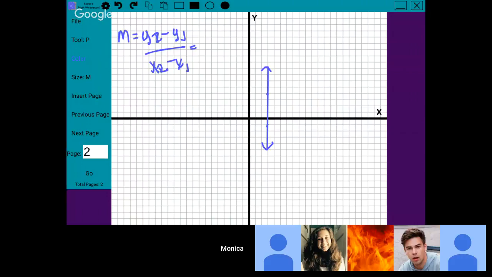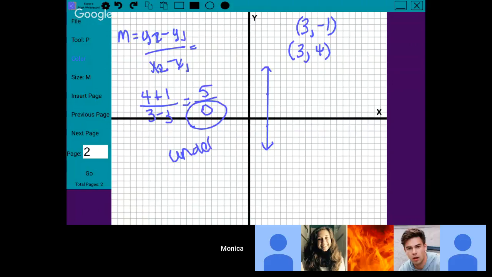So if our points are 3, -1, and 3, 4, then we're going to say 4 minus a minus 1 is 4 plus 1 over x2 minus x1 is 3 minus 3. So that's going to equal 5 over 0, right? And division by 0 is undefined. So your slope for that is undefined. Does that make sense?